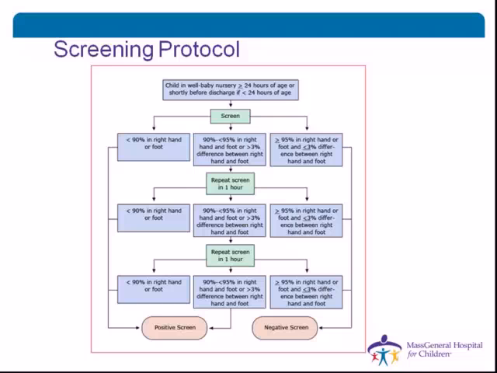There's a middle area where if the infant tests between 90 and 95% oxygen saturation in the right hand and foot, or if there's a greater than 3% difference between the right hand and right foot, a repeat screen is performed in 1 hour.